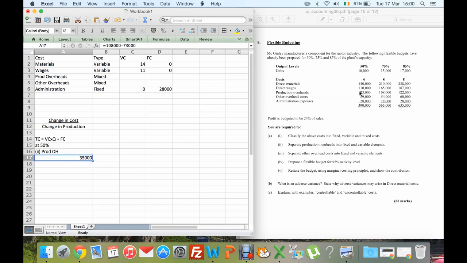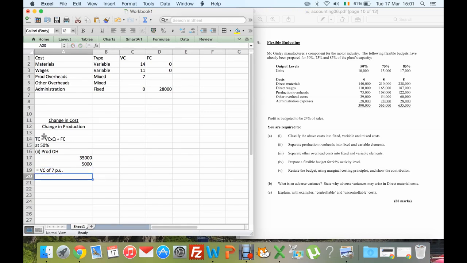Okay, so the costs go up by 35, and the production has gone up by 5. Okay, so that means the variable element is going to be 7 per unit.